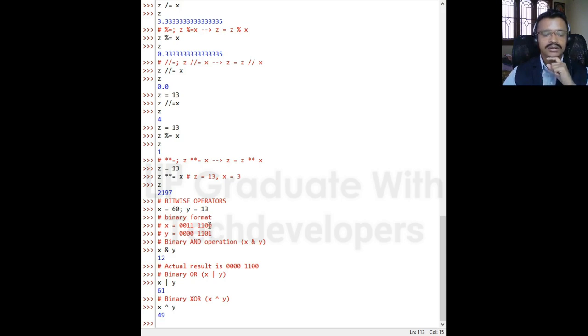So in the first case, from right to left, in x we have 0 and in y we have 1. So it becomes 1, the result becomes true. And in the second case, 0 0, the result will become 0. And in the third case, 1 1, again the result will be 0.